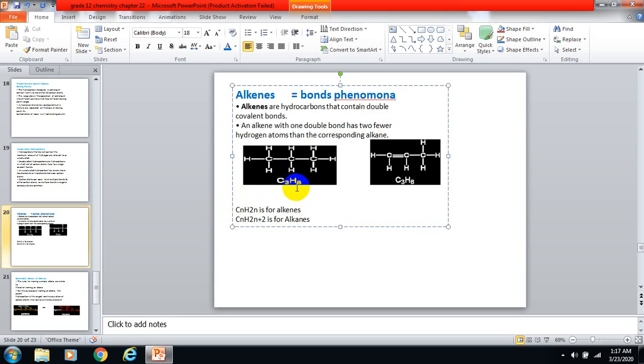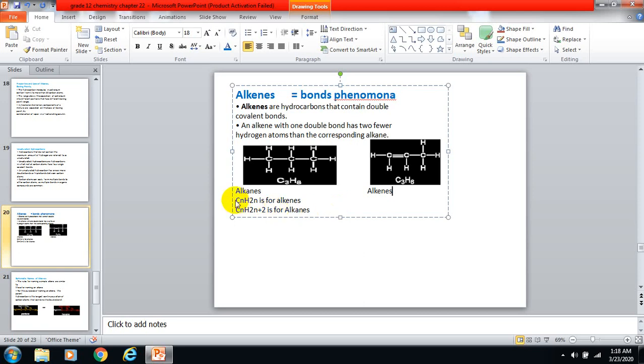Now this one is alkane, basically. Alkanes. Now these are alkenes.